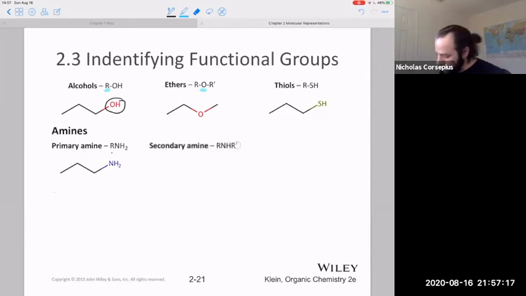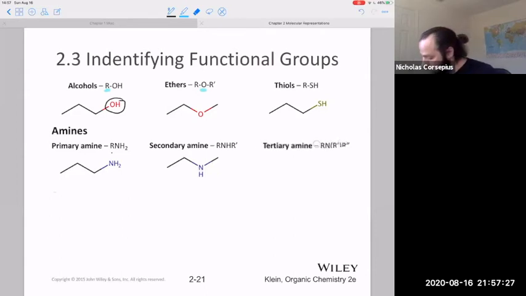Then you have what's called a secondary amine. That means that you have two carbon-nitrogen bonds, or a nitrogen that's bound to two different carbons. And then you guessed it, a tertiary amine, and that would be a nitrogen that's bound to three different carbons. All of those are amines. An amine is just the general word for a nitrogen-containing compound. And then you have primary, secondary, and tertiary, right?